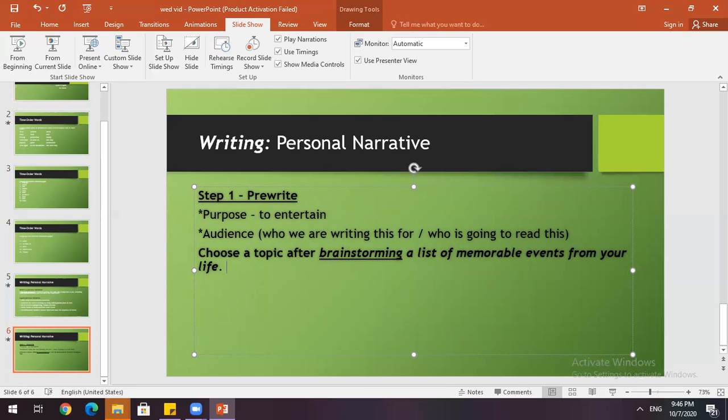After we choose a topic, we then explore ideas by making a list of details you remember.